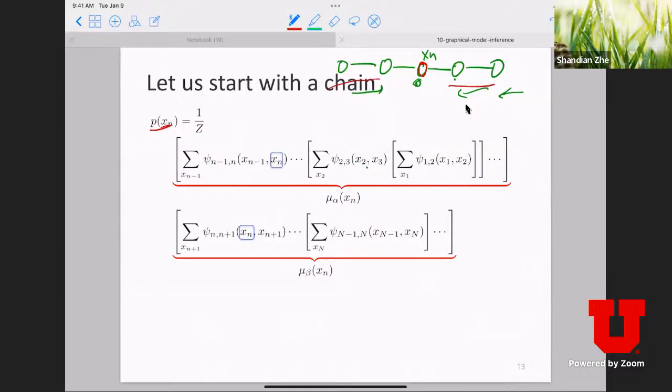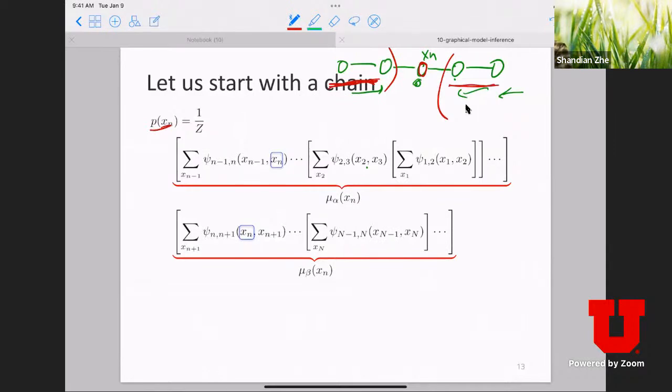Remember, all the variables on the left of xn do not overlap with the variables on the right of xn. So the marginalization or summation over those two groups, one on the left and one on the right, are independent. They don't depend on each other.